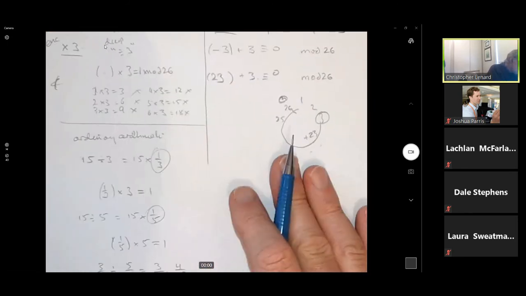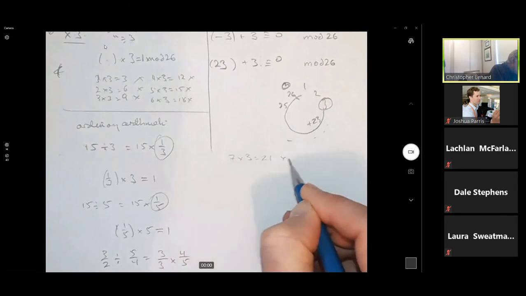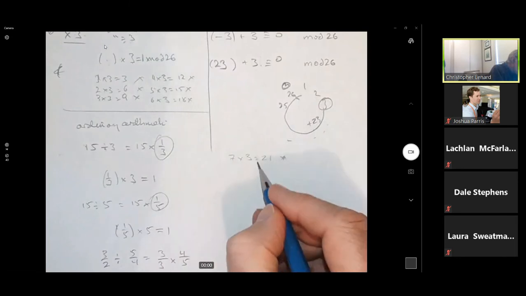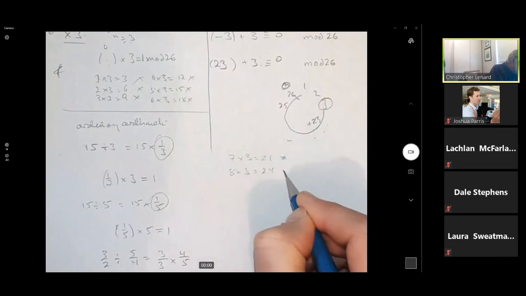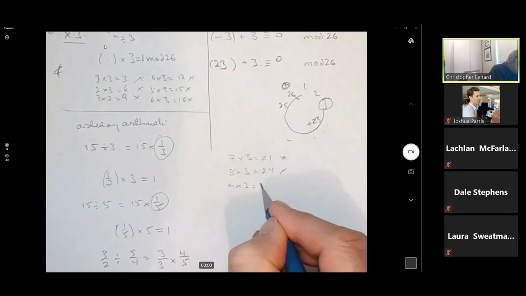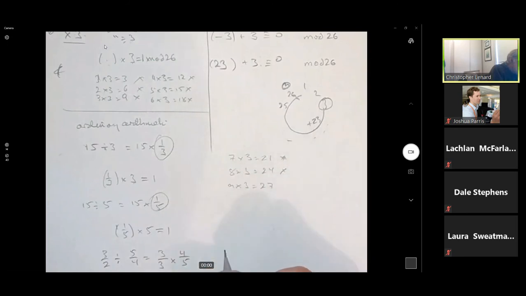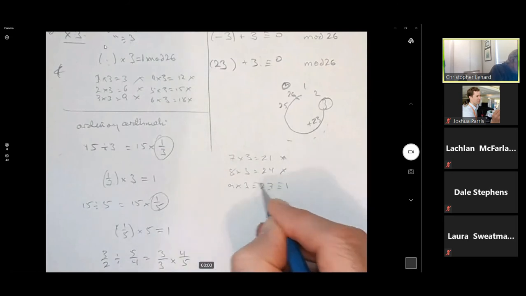Let's go a bit further. 7 times 3 is 21, nope. 8 times 3 is 24, nope, that's not equal to 1. 9 times 3 is 27. Okay, that's bigger than 26, so we have to reduce it. Subtract 26, that's equal to 1.